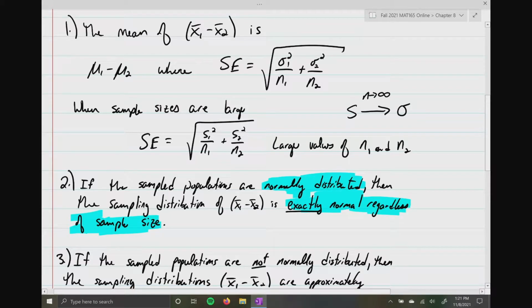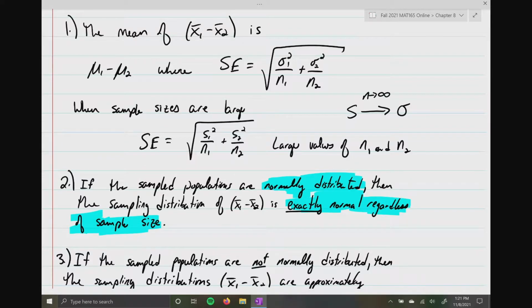So what that's saying here is this: if you have a population that you know is normally distributed, you can still use what we have above for the standard error for any sample size n, because we know it's normally distributed.